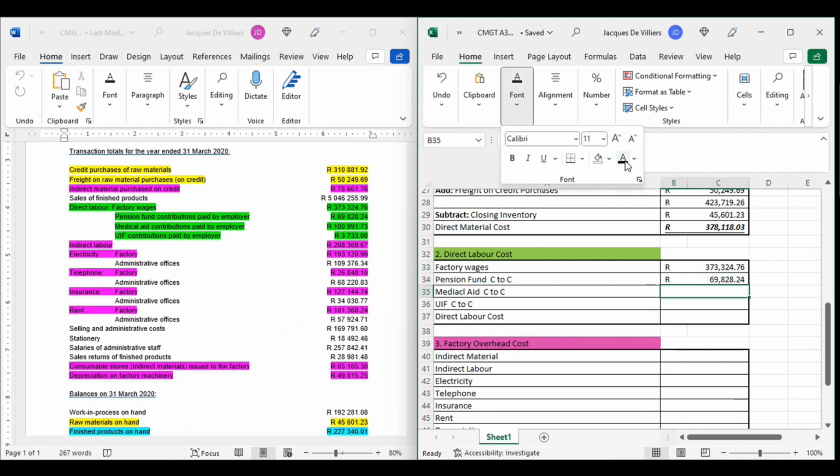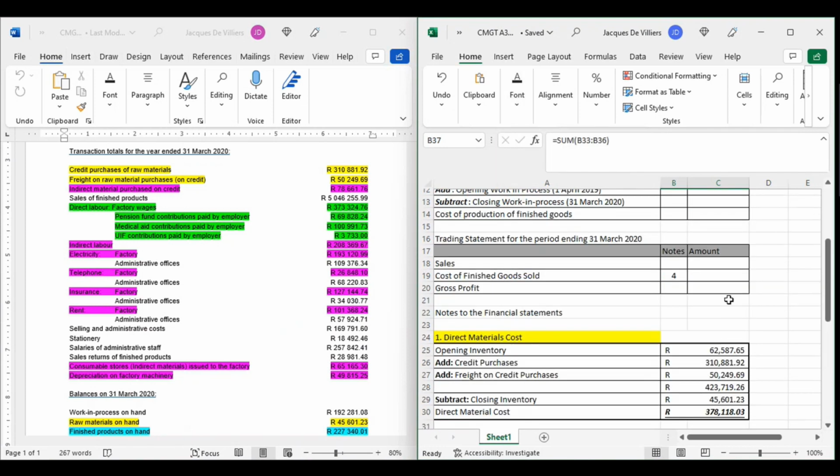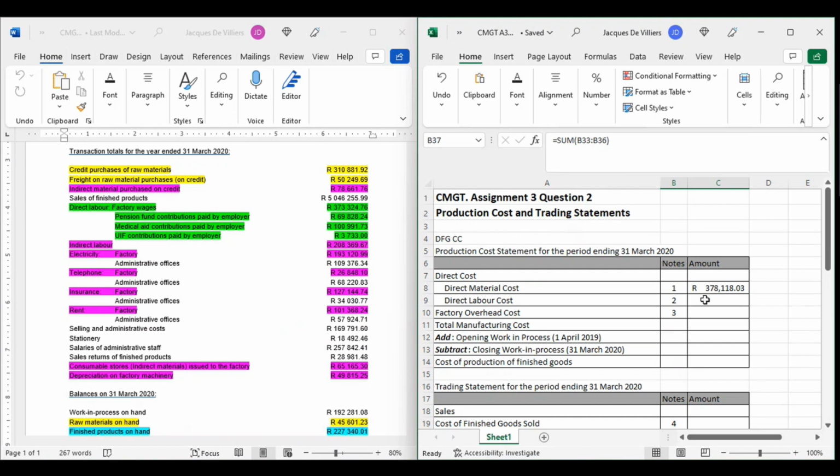So it's given. We say that's fantastic, and we add it. Okay. And then once we have our direct labor cost, we can take that direct labor cost and put that into our production cost statement.